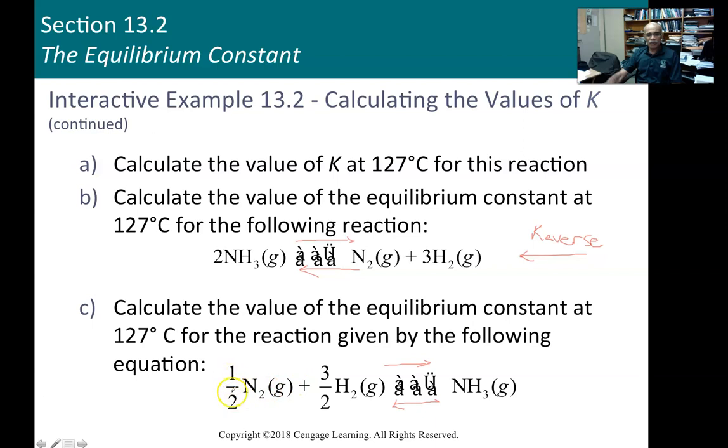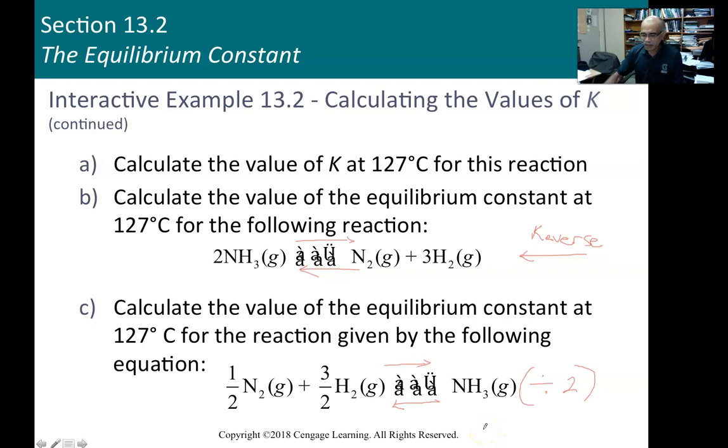So 1/2 of nitrogen, 3/2 of hydrogen, combining to give you 1 of ammonia. So if you look back at the previous equation, I'm not going to do that, you will see that you're basically dividing the entire equation by 2. So this involves dividing the previous equation by 2.